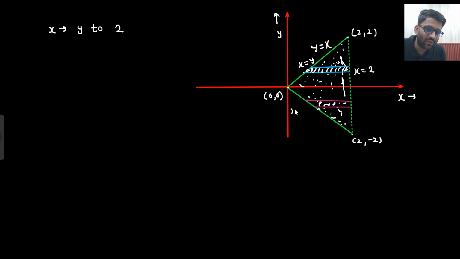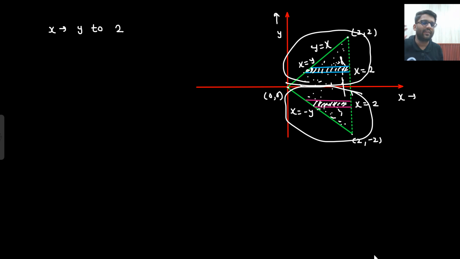So now x will be going from minus y to 2. Here this strip says x is going from y to 2, and from here to here the strip is saying something different.